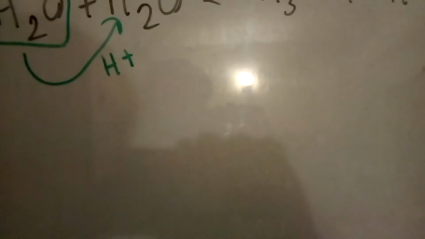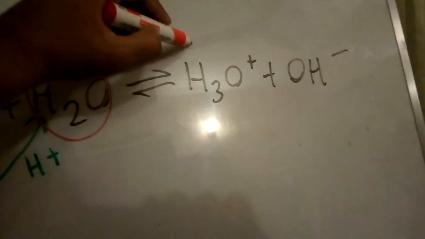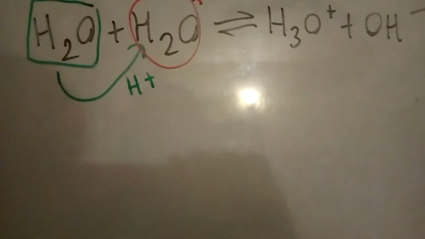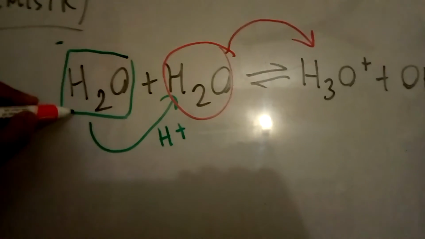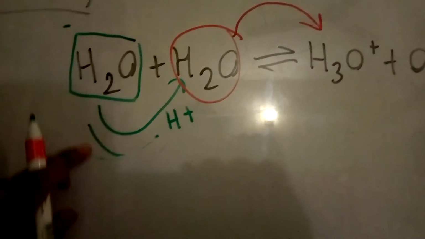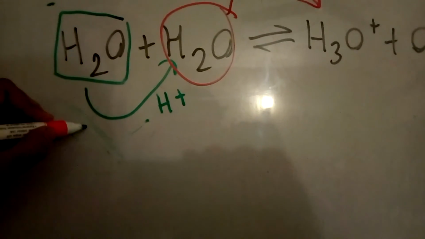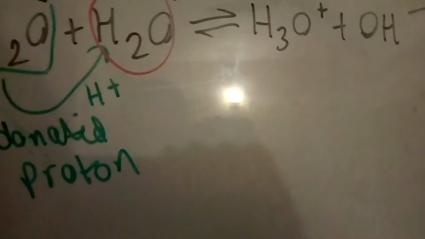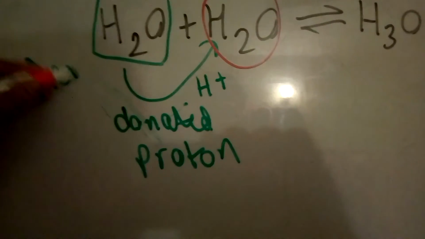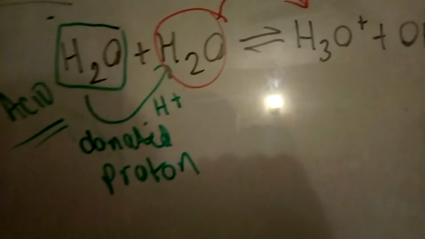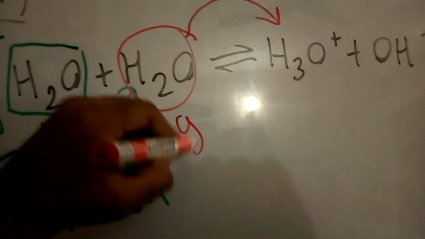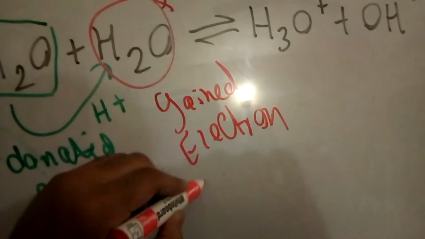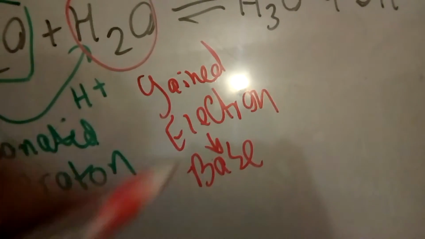So this one becomes hydronium. Since this one donated a proton, that would make it an acid, and this one here gained a proton, so that would make it a base according to the Bronsted-Lowry theory.